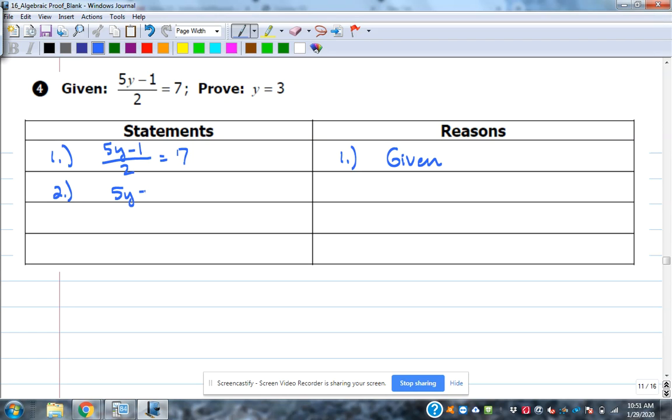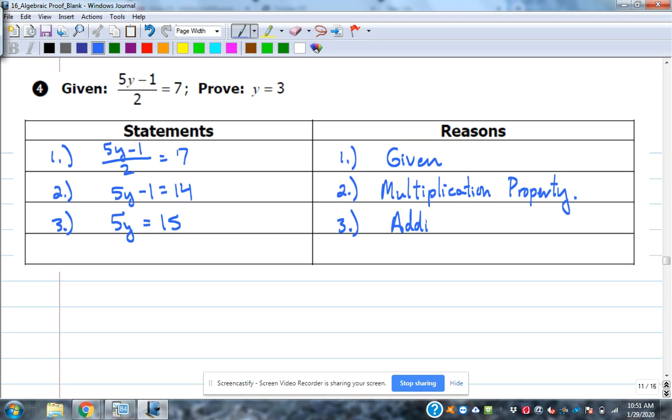Okay, so 5y minus 1 equals 14. Good. And the operation that you used was the multiplication. And then 5y equals 15 by addition. Step 4 is division.